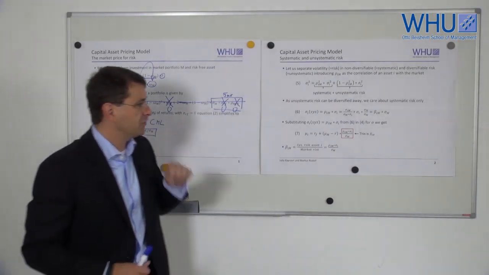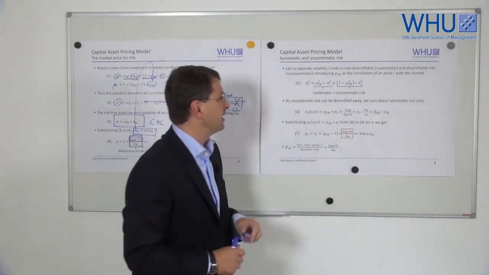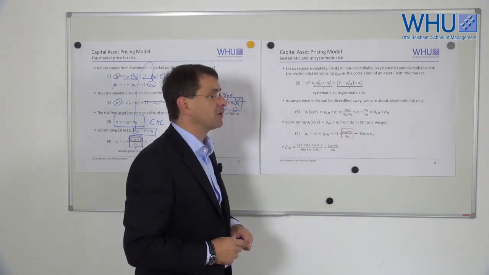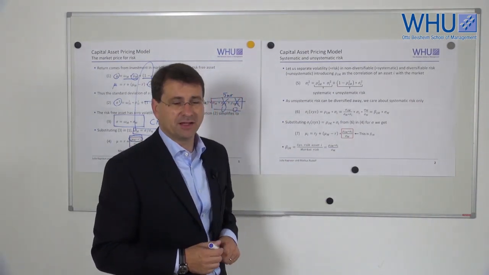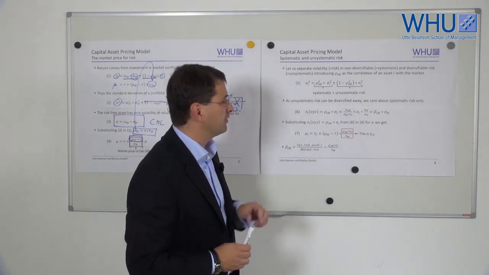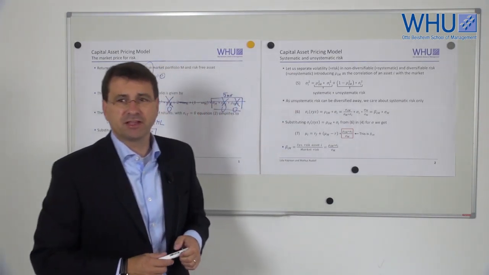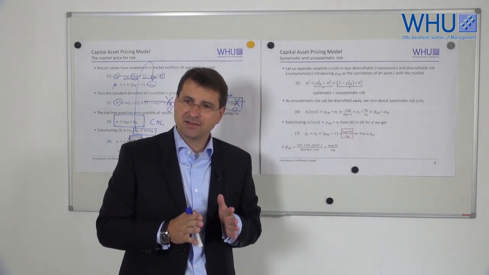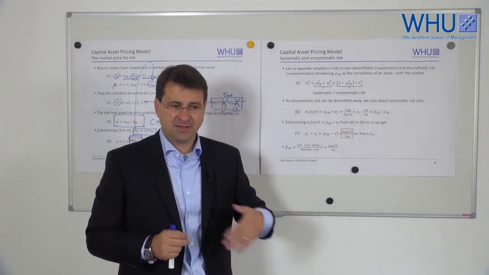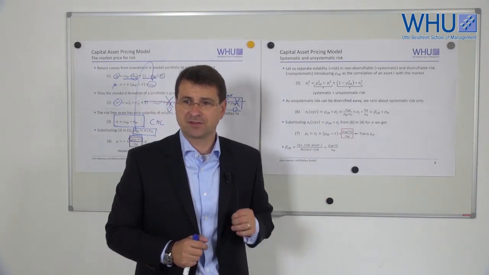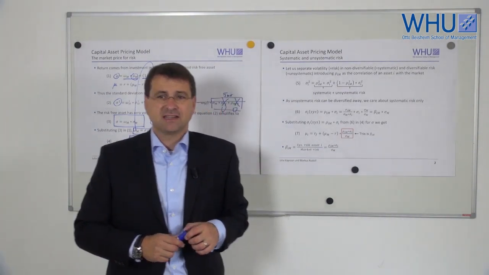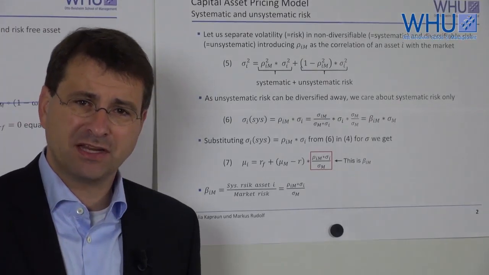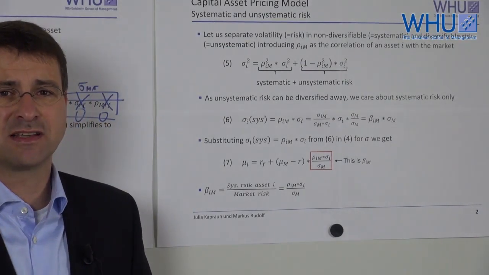And now, if your attention is put on that slide here on the right-hand side, we are trying to derive the capital asset pricing model out of the capital market line. Now, before we start here with equation number 5, there are a couple of things which have to be regarded. Because the transition from the capital market line to the capital asset pricing model is analytically not extremely complicated, but economically, there is really something inside there.